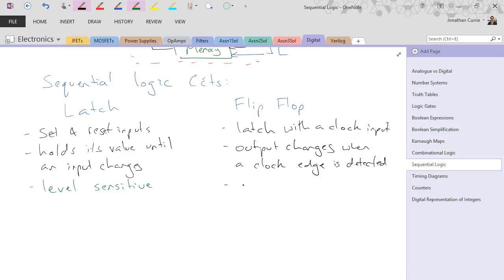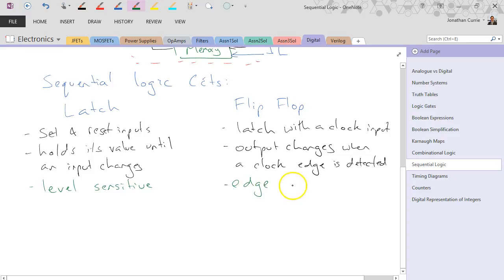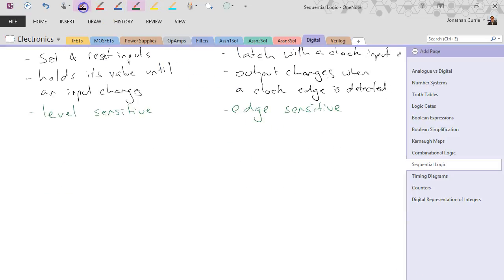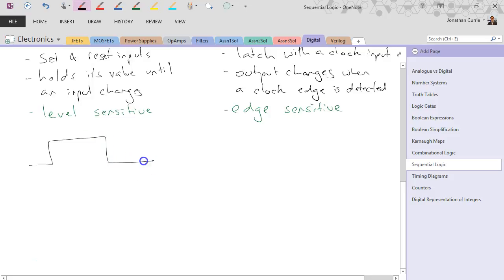And so this one is what we know as edge sensitive. Alright, so level sensitive, if I had inputs looking like this, I'm interested to see whether it's 0 or 1.